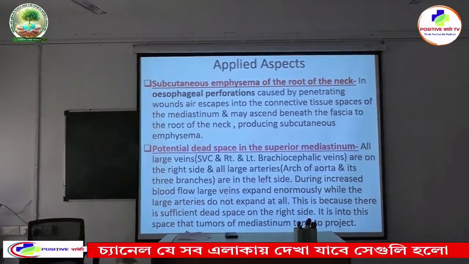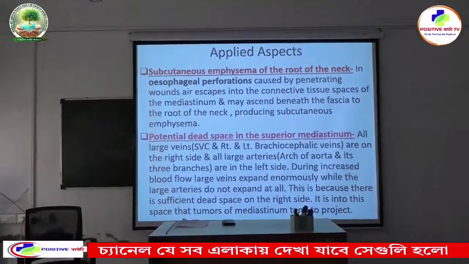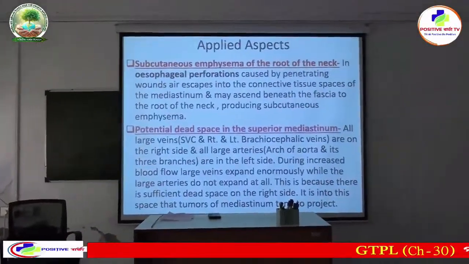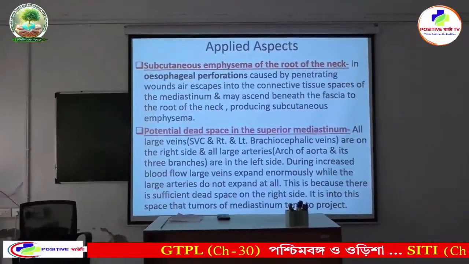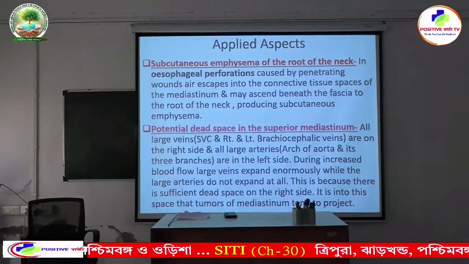So during increased blood flow, large veins expand enormously while the large arteries do not expand at all. This is because there is sufficient dead space on the right side, and it is into this space that tumors of the mediastinum tend to project.